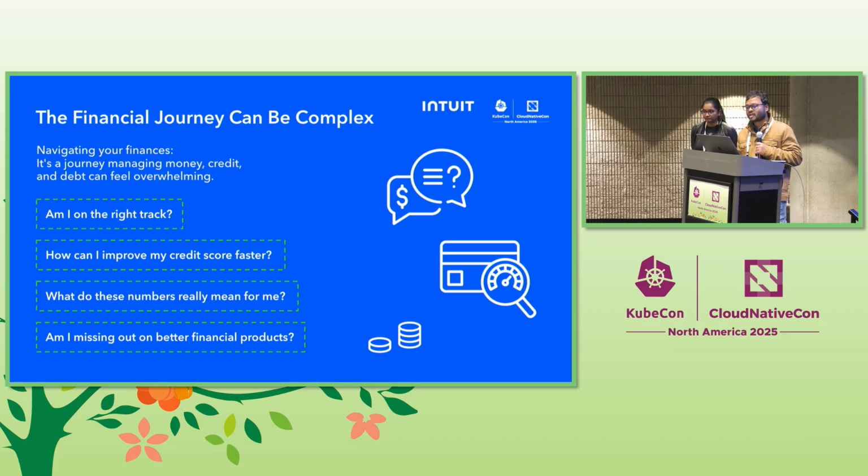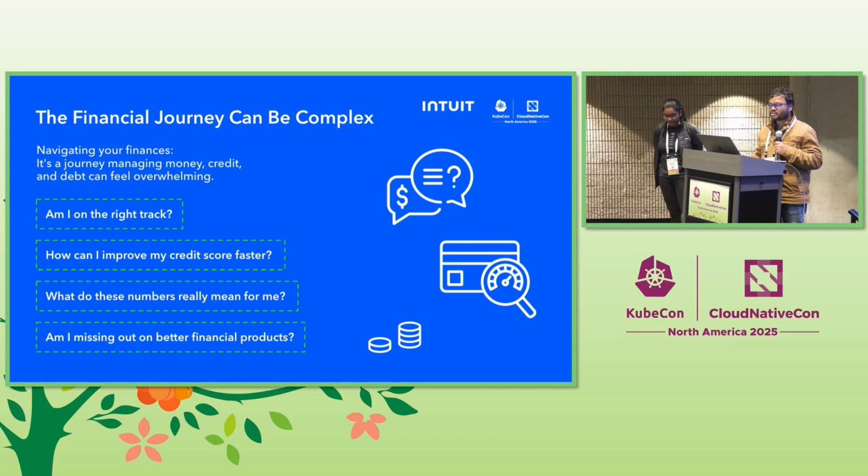In the last three slides, I talked about the financial journey. I just want to throw some light on it. What do I mean by financial journey? Navigating your finances or managing your money looks like a one-line statement, but it's actually a very complex problem when a member actually starts doing it. They're bombarded with a lot of questions: am I at this point in time on the right track managing my finances?